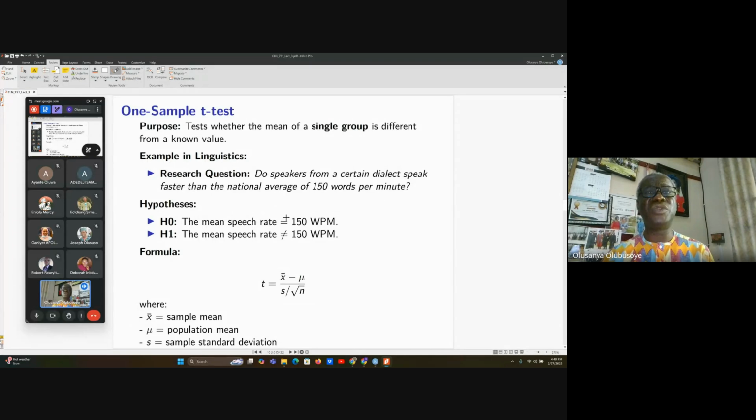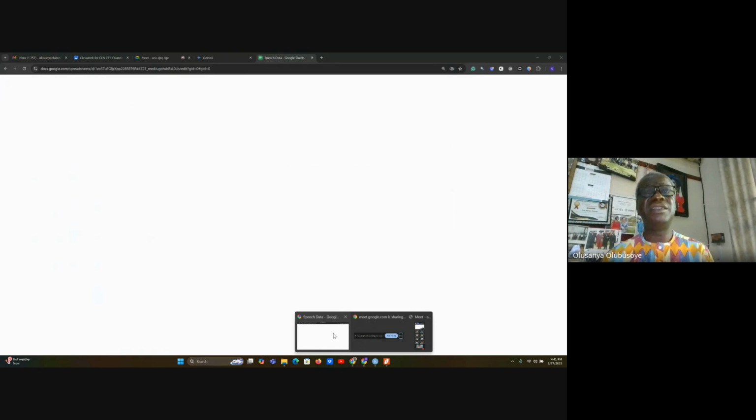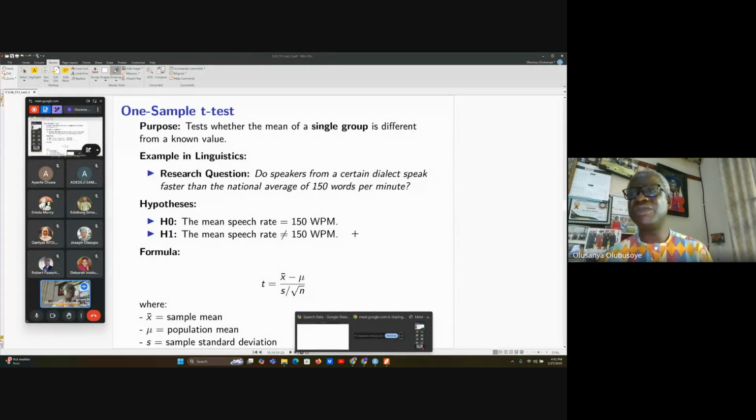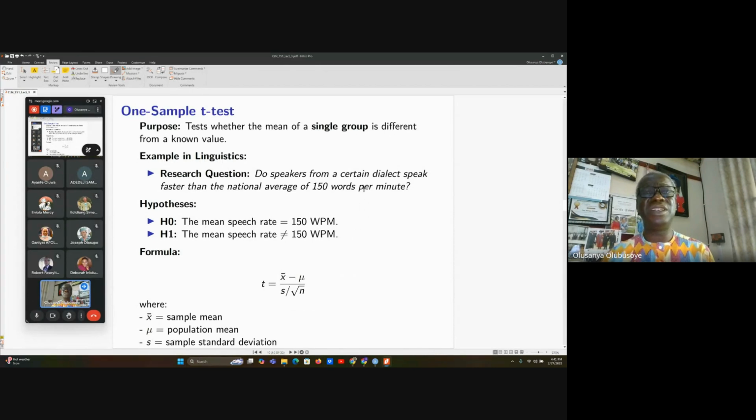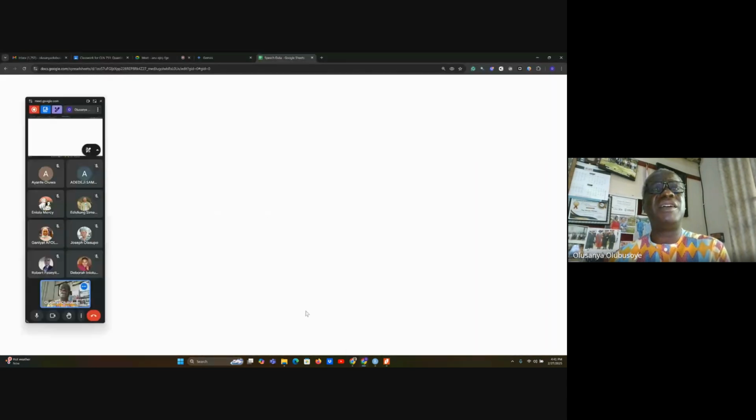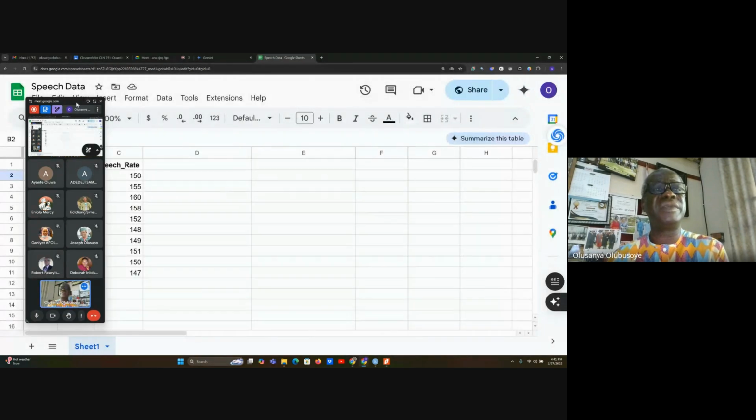Now we are going back to our data. We are almost through. In this case, we will start with a one-sample test. So let's look at our data again.